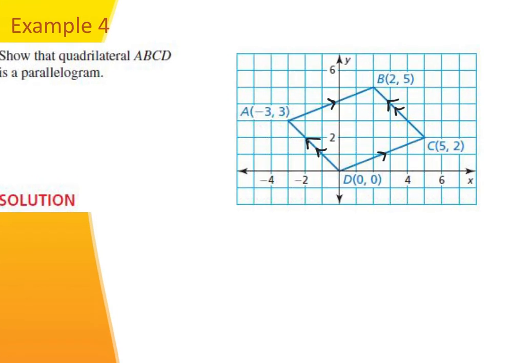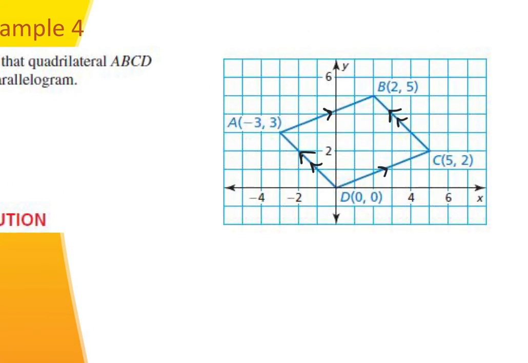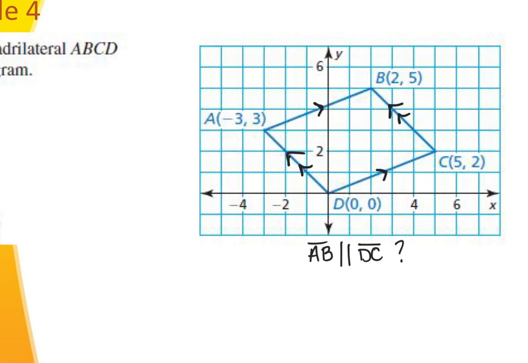So how do we prove that AB is parallel to DC? Let's write that one down. Let's prove that AB is parallel to DC. What would we do? Anna? Find the slope. What's the slope of AB? Plus 2 over 1, 2, 3. I counted 5.